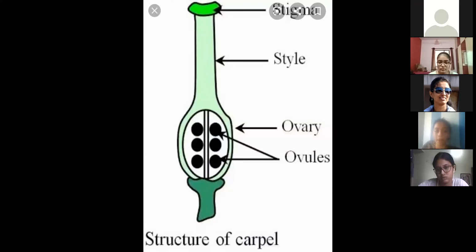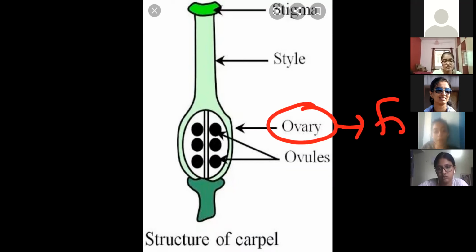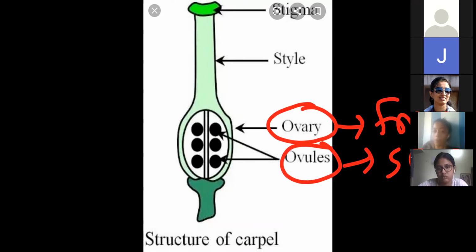So when fertilization takes place, this ovary converts into fruit and ovules convert into seed. Right? The fruit that we observe, fruit which is an edible part, which we can eat.